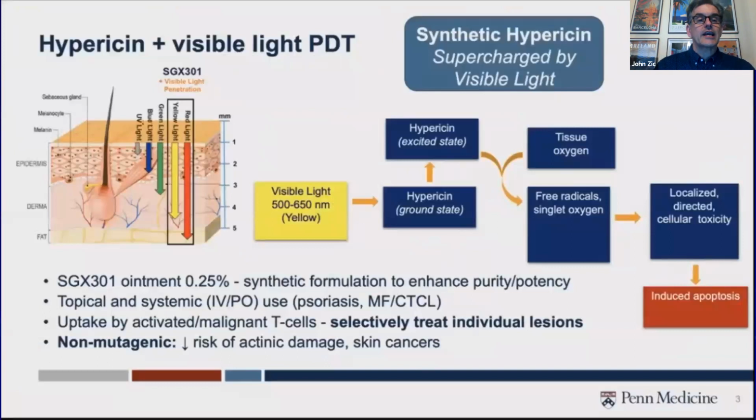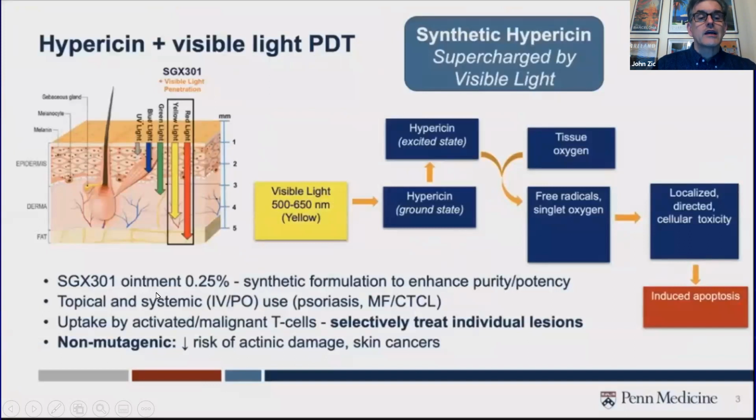And the medication is called hypericin. And it turns out that this ointment, I may have mentioned a liquid, but it's actually a greasy ointment, is a synthetic formulation of this particular drug called hypericin.